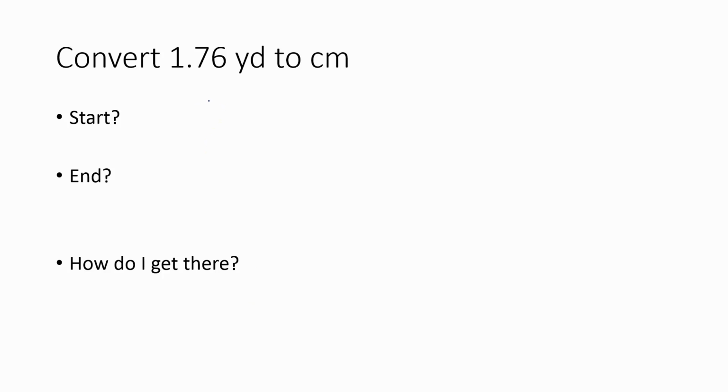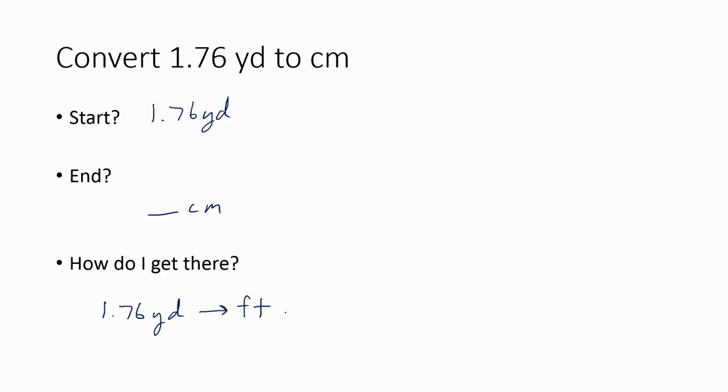Okay? So let's do this with a slightly more complicated version, say yards to centimeters. Well, where am I going to start? I'm only given one number, so it's got to be there. Where am I going to end? Some number of centimeters. How do I get from here to there? So yards. Well, I don't know what yards to centimeters are, but I do know that I can go from yards to feet.